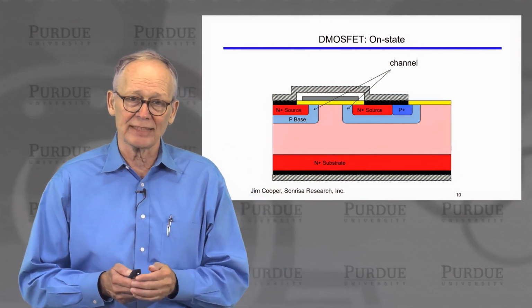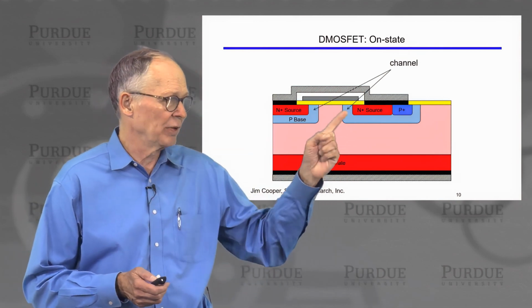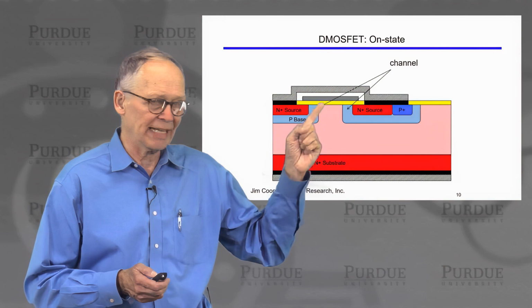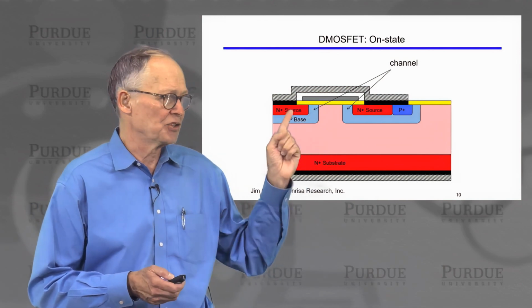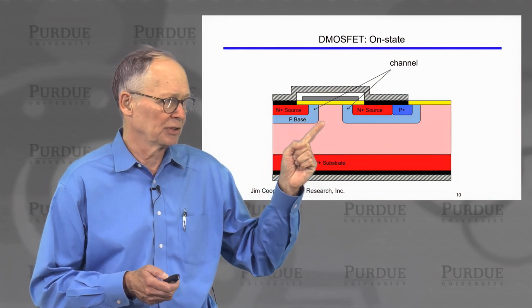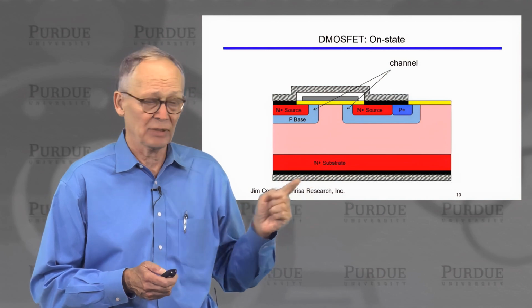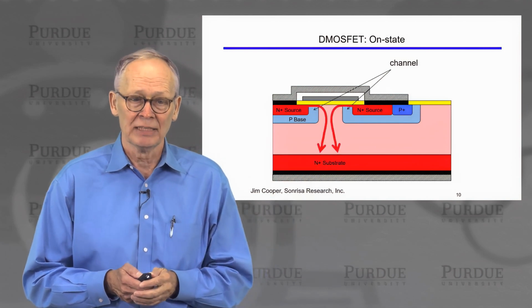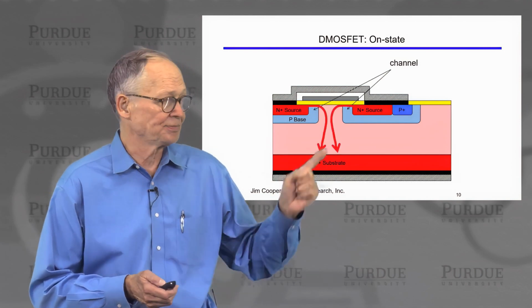So let's look at what happens in the on state. The channel is right here. When I turn the gate voltage on, I'll produce a channel. Current can flow from the source across the channel, and then it will have to flow vertically out the drain. So the current flow is in this direction.